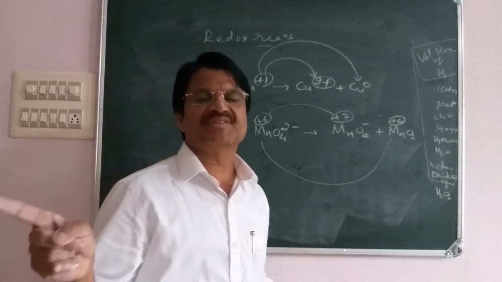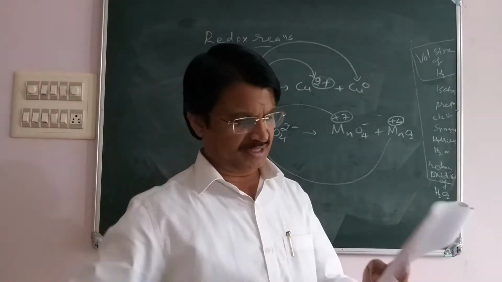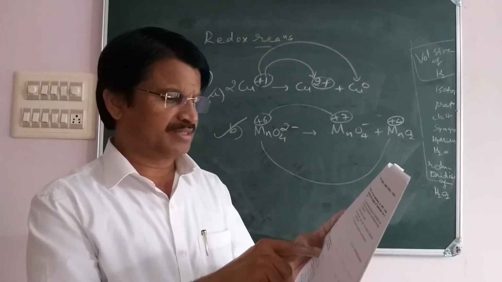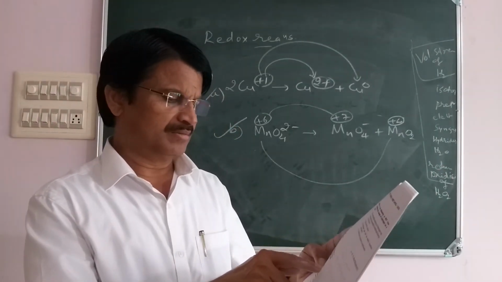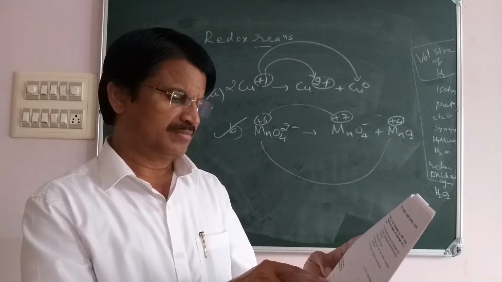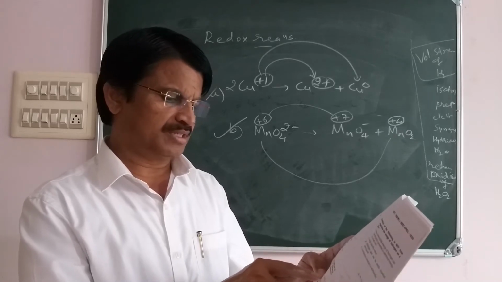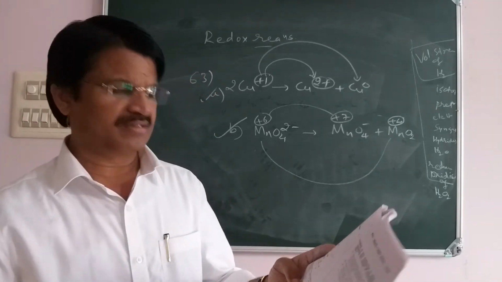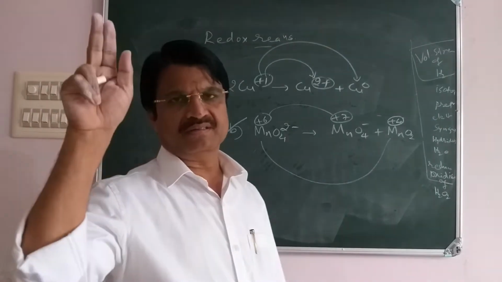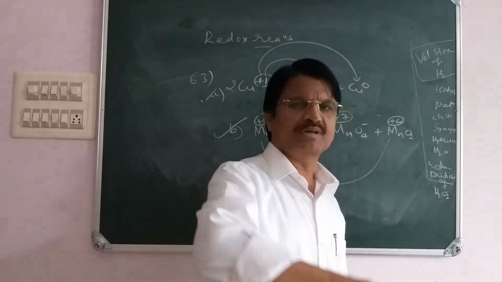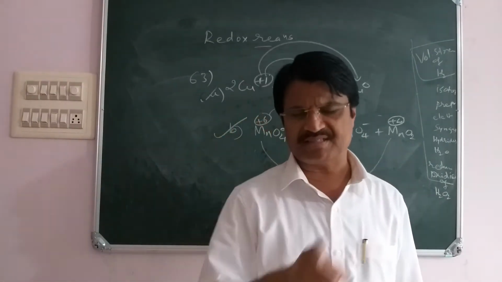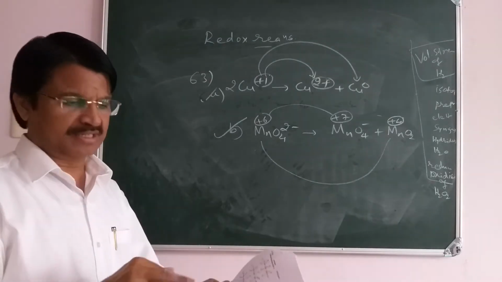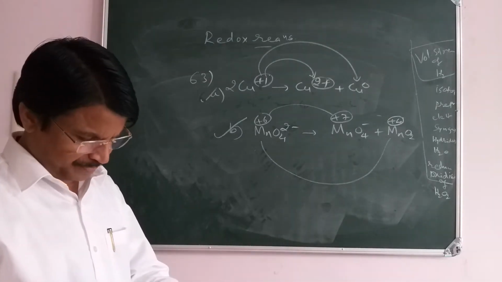But left side 1 species, right side 2 species. Then option C, MnO4 minus plus 7, then plus 6, and 4 into 2 plus 6. But in both cases, there is a decrease. In option C, a decrease in oxidation number occurs. Therefore, only reduction occurs, not both oxidation and reduction. Then we cannot consider such equations.